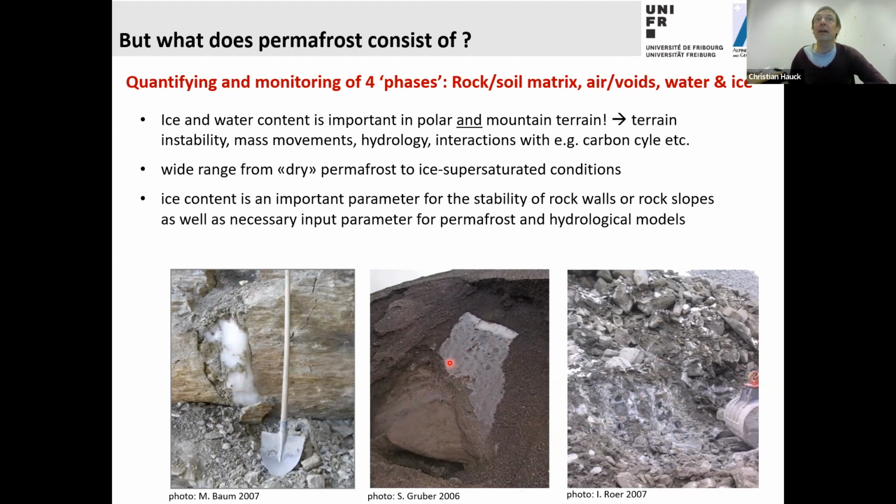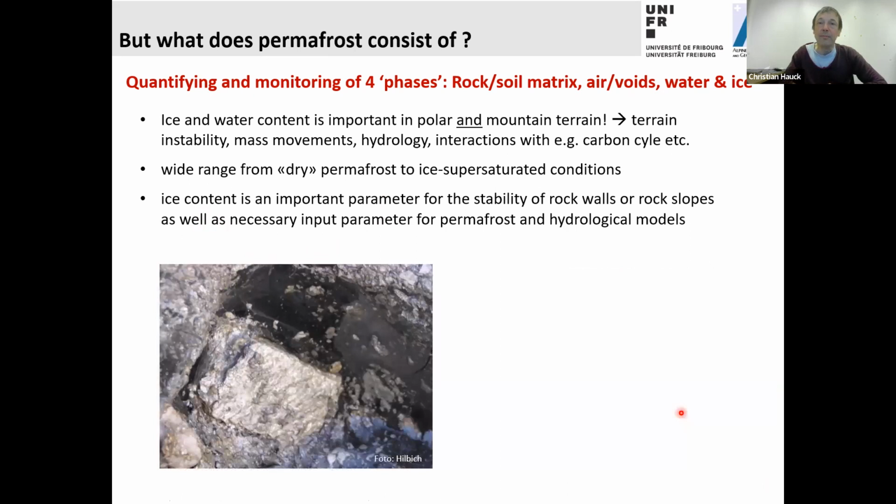So we have a wide range from dry permafrost to ice supersaturated conditions, almost pure ice, right? As ice content is an important parameter for the stability of rock walls, we need to know whether we have this situation or that situation. Very often we have a part which is clean ice, and a part with embedded rocks.